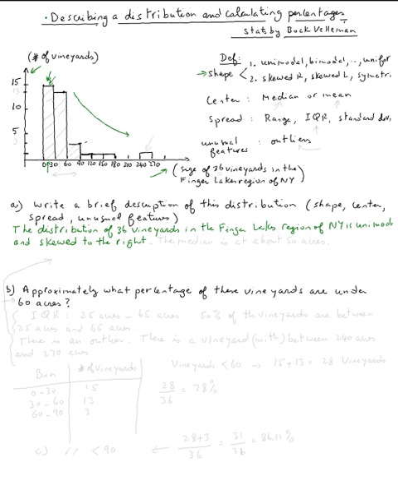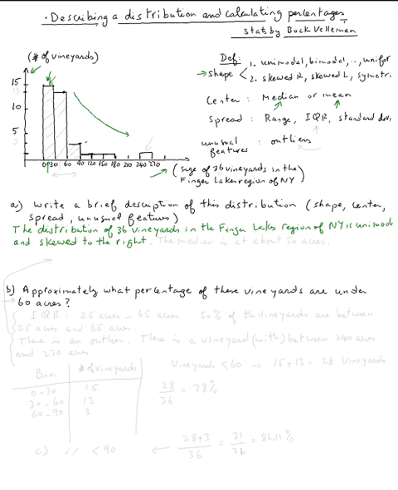Now, what about the center? When we talk about a distribution that's skewed, we automatically talk about the median. Symmetric, we talk about the mean. So we're going to talk about the median. Just look at the equilibrium of the graph.